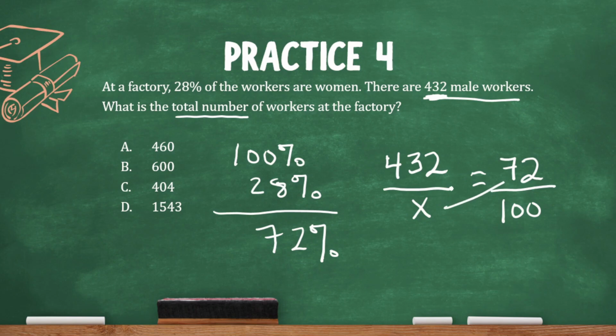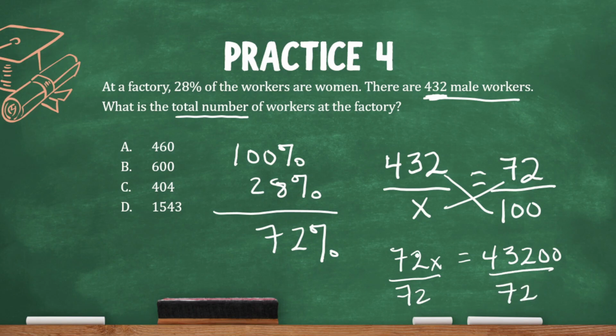We can cross multiply and then solve. So 72 times x is 72x, and 432 times 100 is 432 with 2 zeros after it. And now the last step to solve this would be to divide both sides by 72.